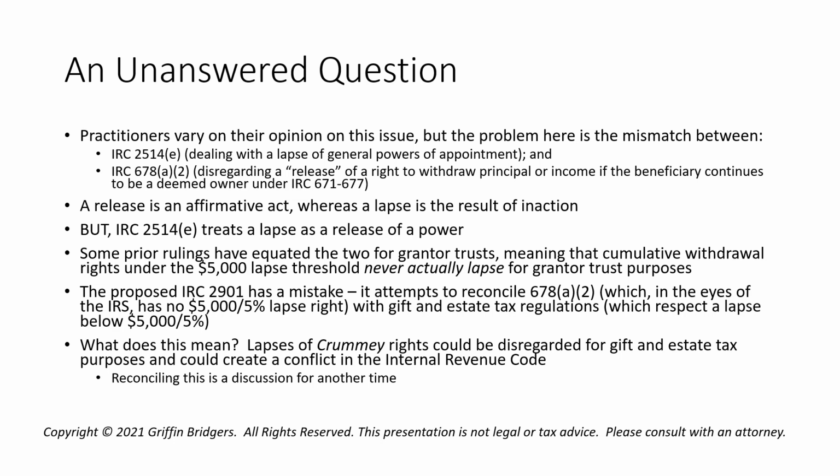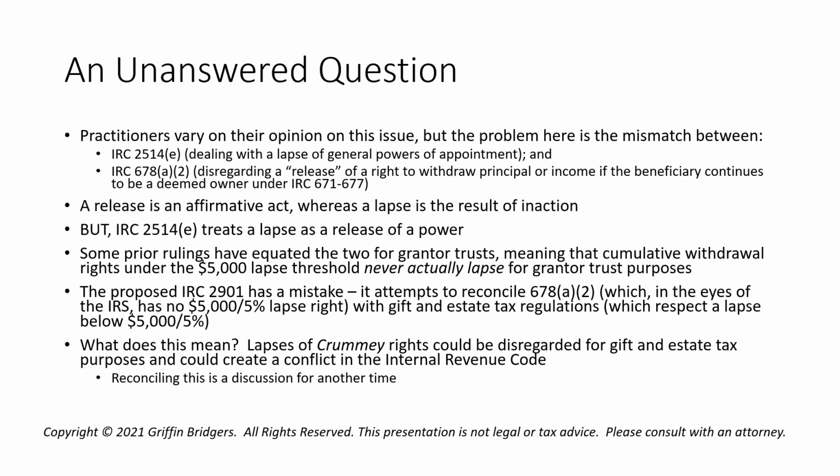In other words, it could disregard this $5,000 or 5% lapse right that could happen to avoid gift and estate tax issues. So what that means is that any lapse of Crummey rights could be disregarded for gift and estate tax purposes under Code Section 2901, and that could potentially create a conflict or maybe even override the respected lapse under Code Sections 2514 and 2041.